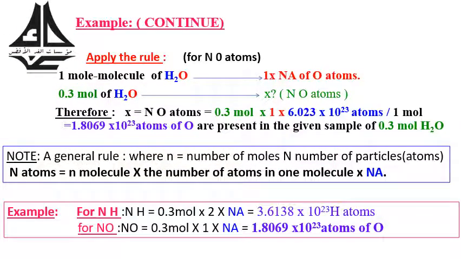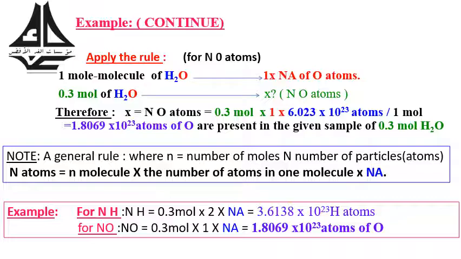Example, you can use this way, other than the golden rule. For the number of H atoms, capital NH equals number of mole molecule, small n, 0.3 mole, times the number of the atoms in one molecule, which is 2 for hydrogen, times Na. So we get the same answer, of course, 3.6138 times 10 to the power 23 H atoms.